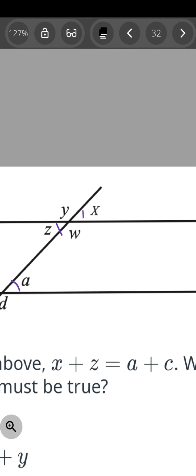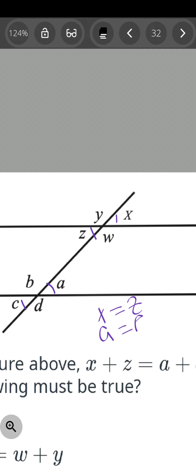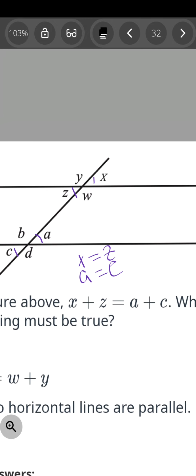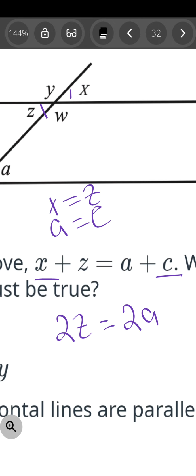So let's write x is equal to z and A is equal to C. Let's write z in the place of x and respectively A in the place of C. We'll get that 2z is equal to 2 times A. Divide both sides of this equation by 2, we'll obtain that z is equal to A.